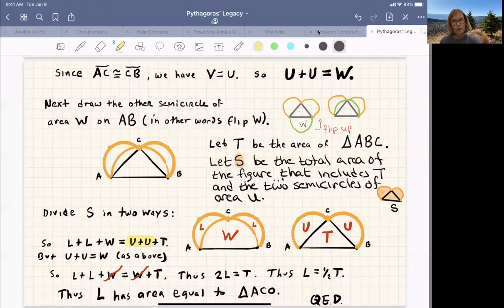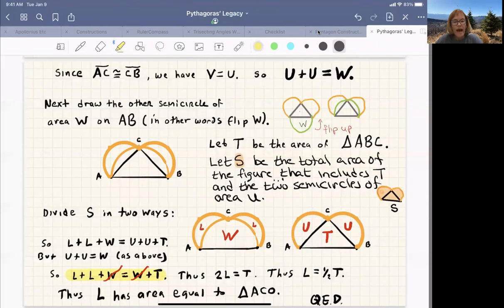That U plus U is going to become a W. And so now, looking at this equation and making that substitution, we get L plus W is equal to W plus T.